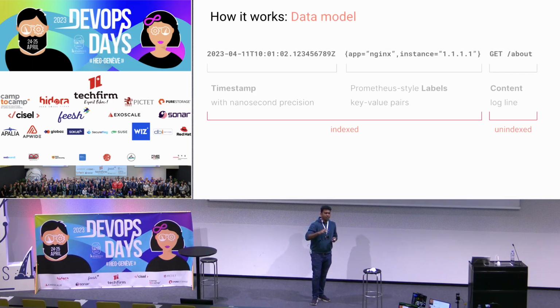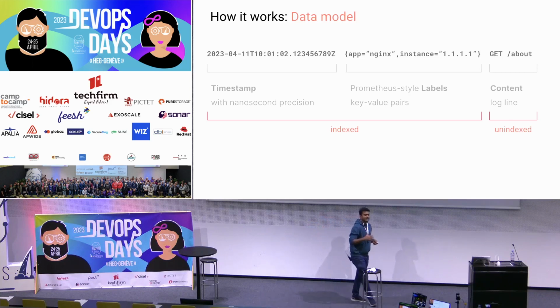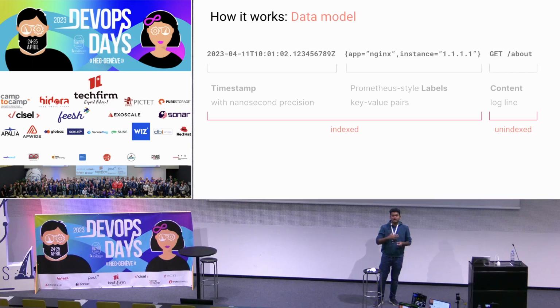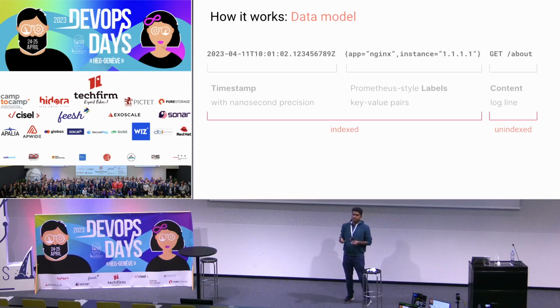If you do a full text index of all the logs coming into your system, then your index size is going to come and hurt you at some scale. It's going to be orders of magnitude bigger than your actual data at some point in time, right? People who have run ELK or any other full text search solution probably know the pain.